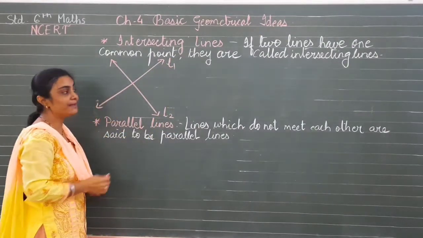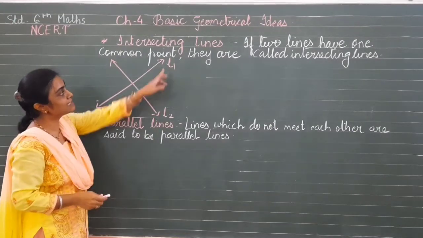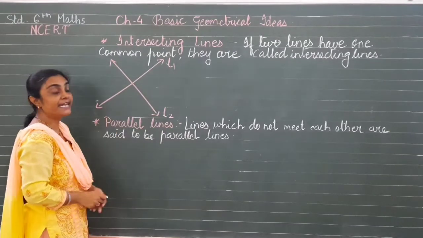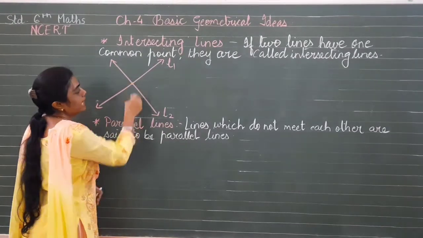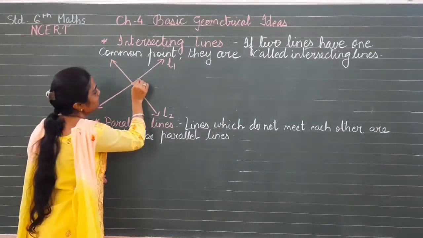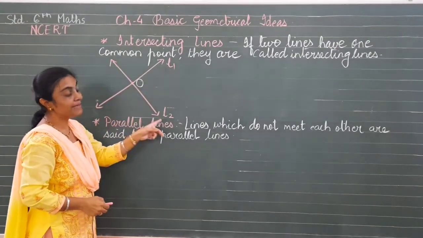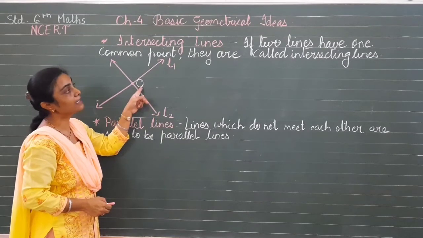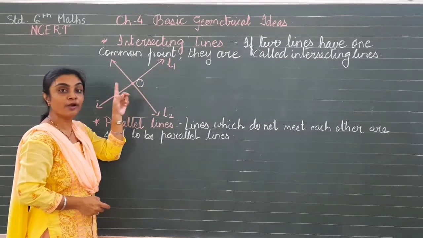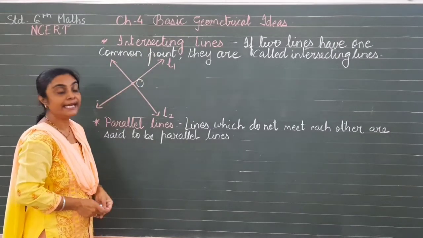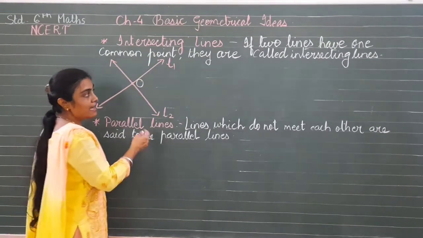Lines can be denoted by small letters also. It is meeting at a common point. Suppose I am naming it as O. That means line L1 meets line L2 at a common point. It should have only one common point. Then these two lines are said to be intersecting lines.